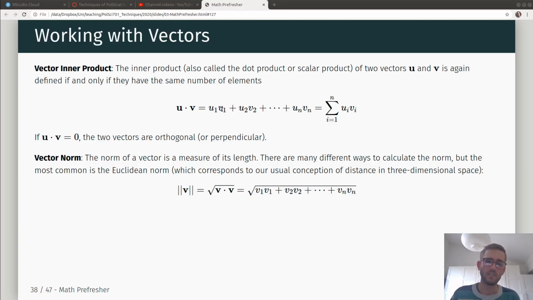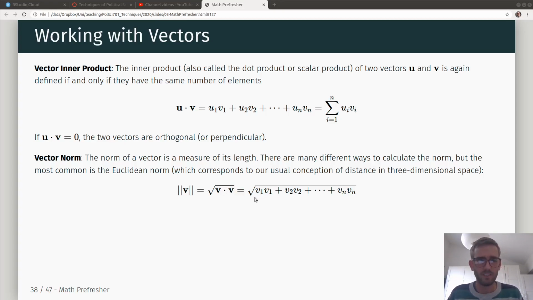If you remember computing the length of a triangle, where you know the two orthogonal sides, we can compute the length of the third side by computing the norm as the square root of the sum of the squared elements.